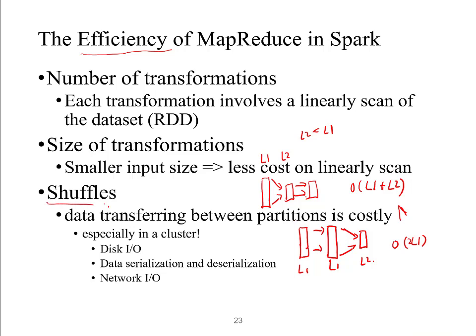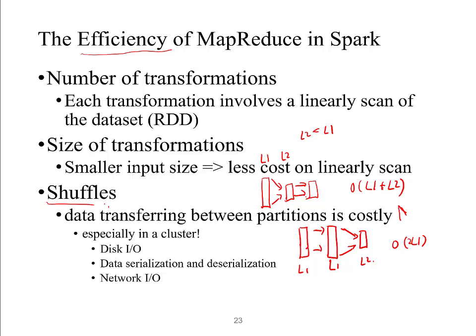And the third thing is shuffles. Basically, data transferring between partitions is costly, especially when we consider a cluster of work nodes, right? Because this involves disk I/O, network I/O, and data serialization and deserialization, right?